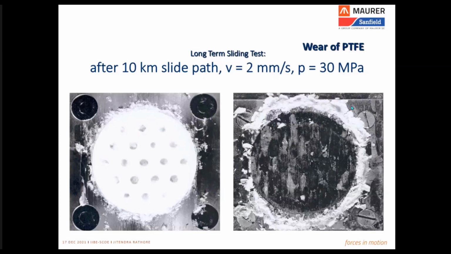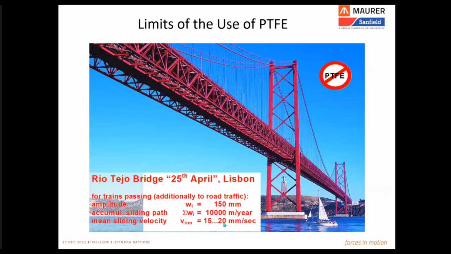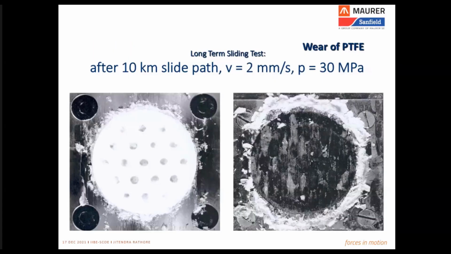It had crystallized and settled in paste form on the mating surface. That is the limit of the life of PTFE. With this 10 kilometer happening every year, the bearings in this bridge were able to deliver not more than a life of 2 to 3 years in the structure.